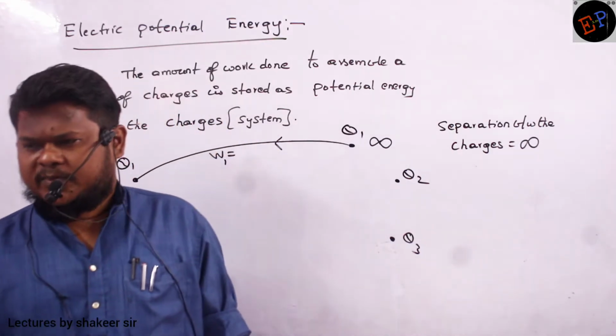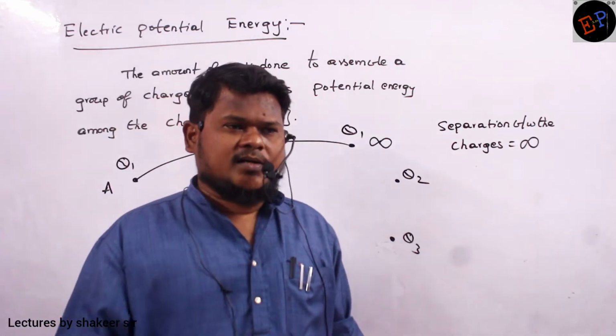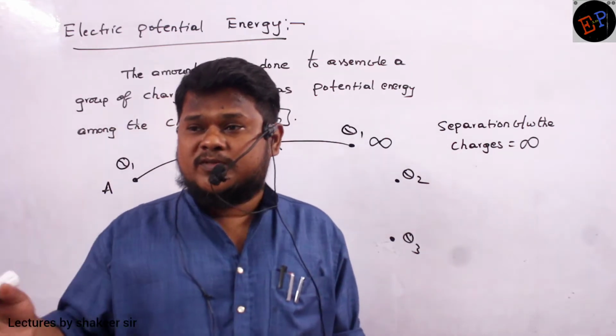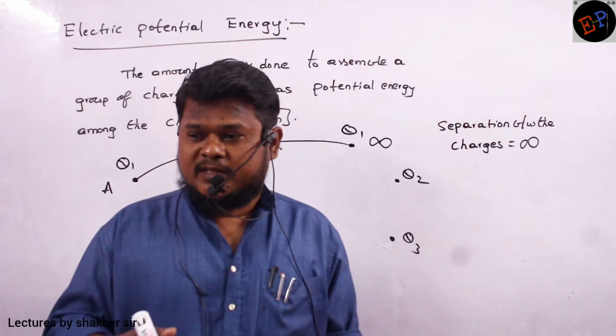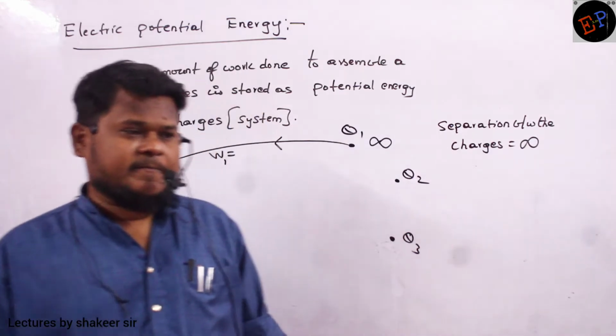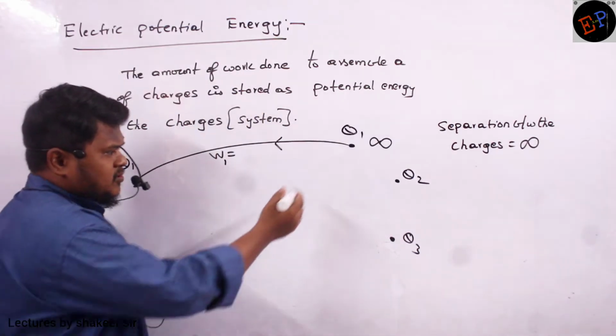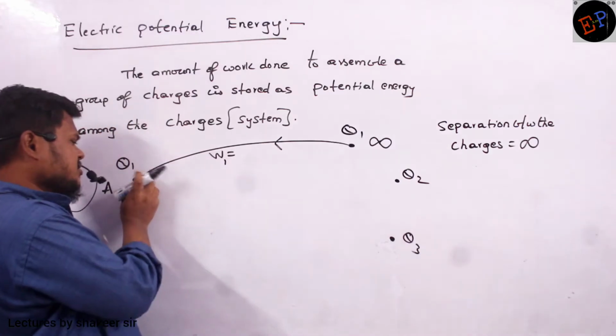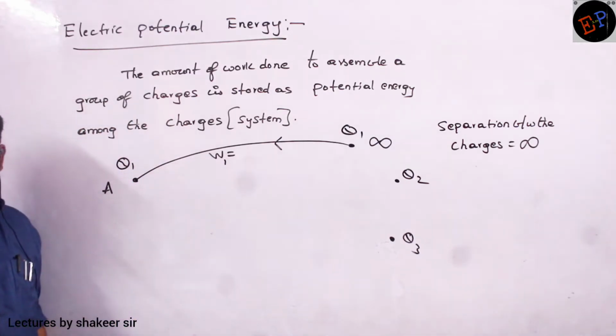There is no force of repulsion, there is no force of attraction also. Then why would we have to apply force? We need not apply any force. Are you able to understand? To bring this charge from infinity to this point A, we need not do any work. So work done is zero because we need not apply any force.